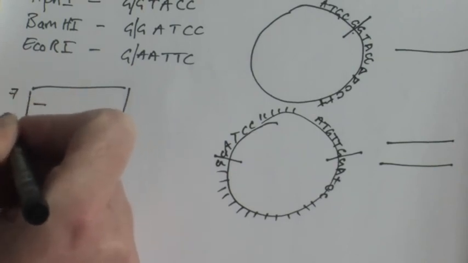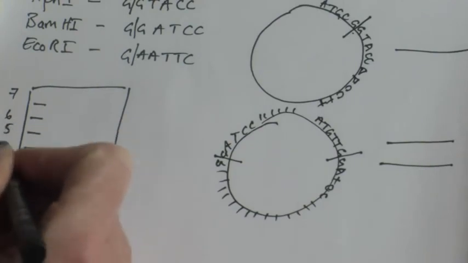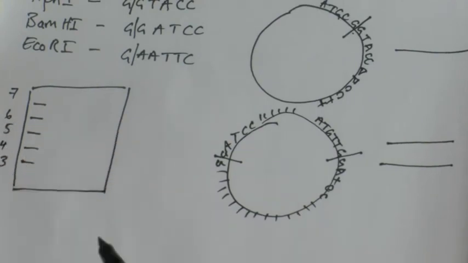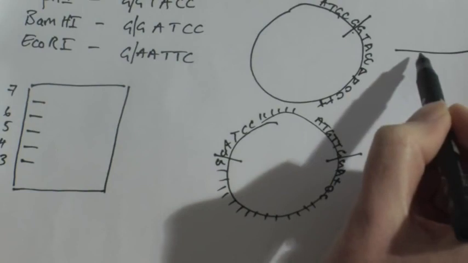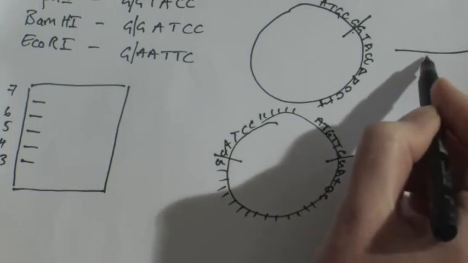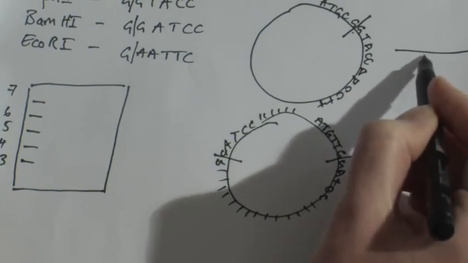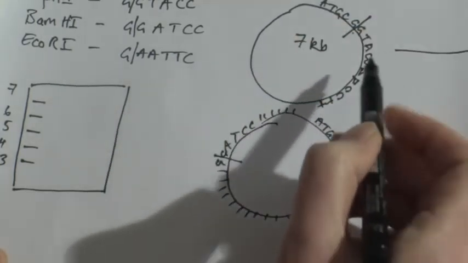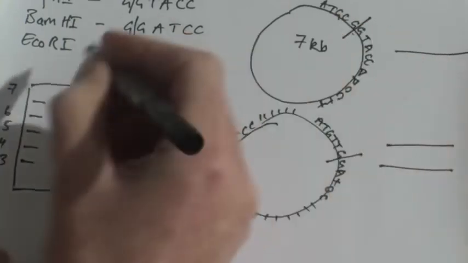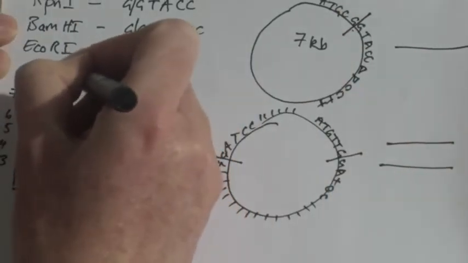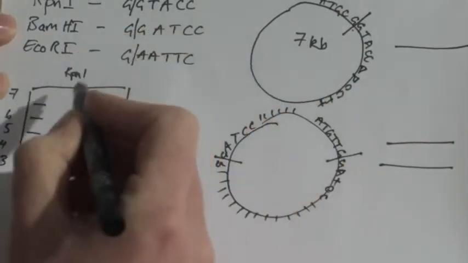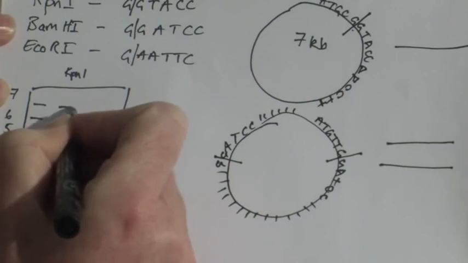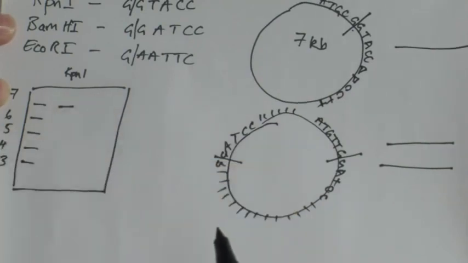Let's say this is 7 kb, 6, 5, 4, 3 kb. Only when I ran this sample on an agarose gel, let's say it's a 7 kb plasmid, would I know that by cutting with KPN1, I have achieved a single fragment of DNA at 7 kilobases.